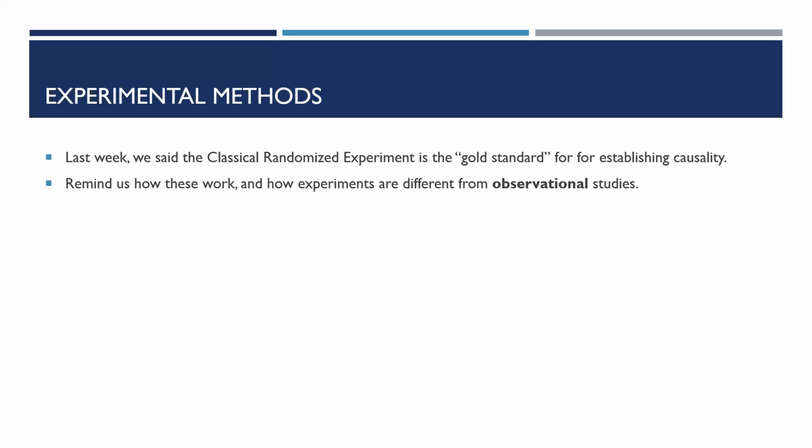And because of that, this makes these different from observational studies. But why did we say that they're different? Related to the time order thing in particular, why are experimental methods different in terms of what the researcher is doing? Anybody remember?